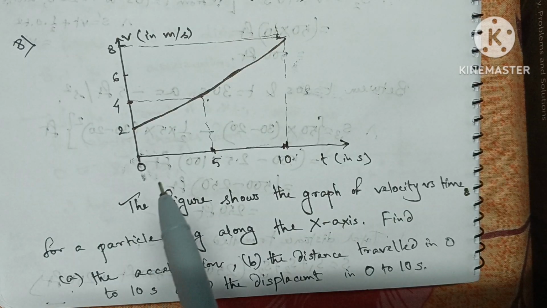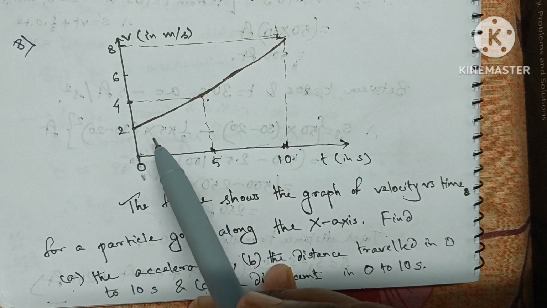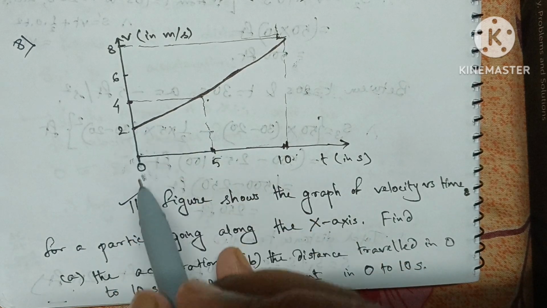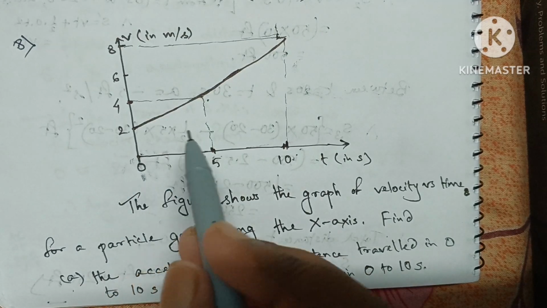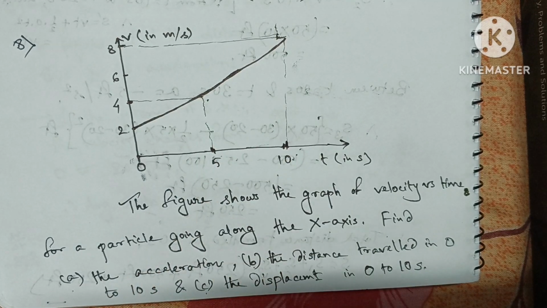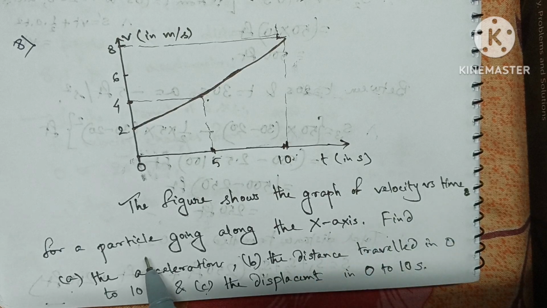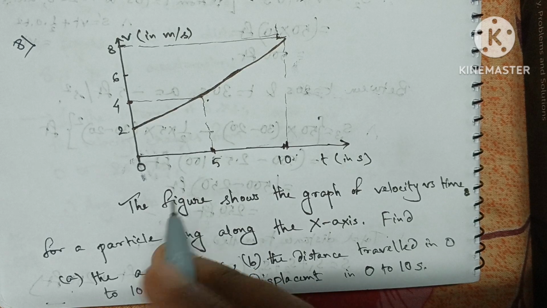Now let's come to the final question for today. Here a figure is given, a VT graph, that is the velocity time graph. The figure shows the graph of velocity versus time for a particle going along the x-axis. Find the acceleration, the distance traveled in 0 to 10 seconds, and the displacement in 0 to 10 seconds.